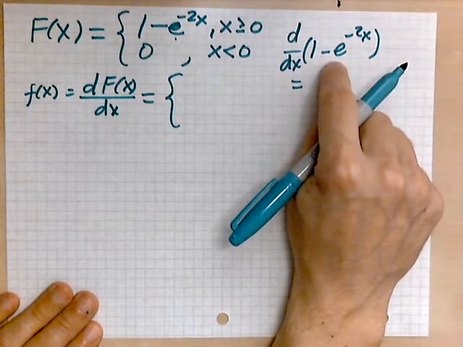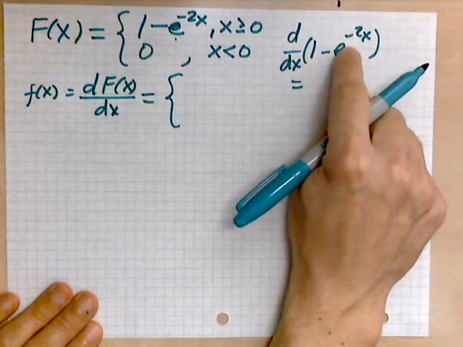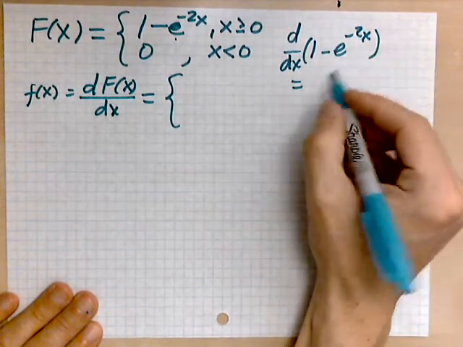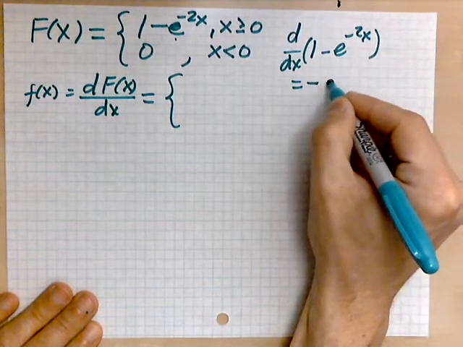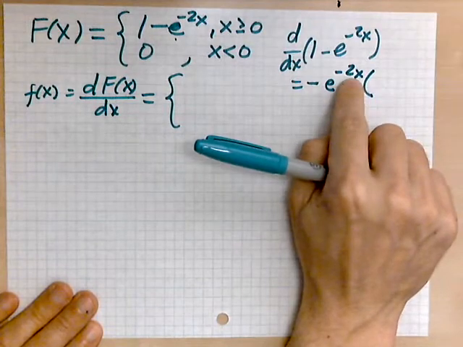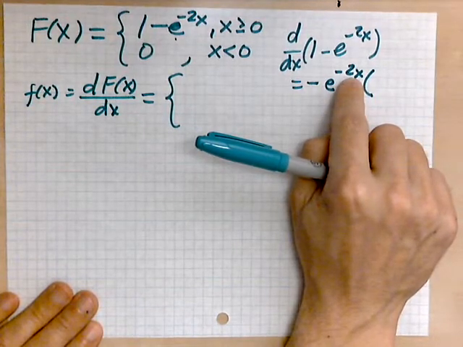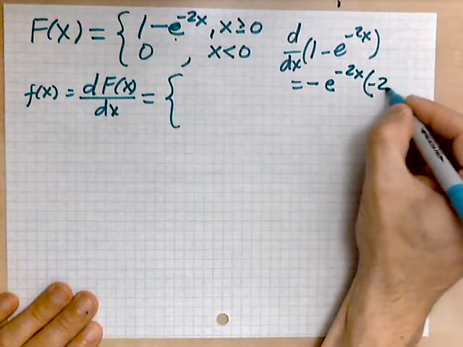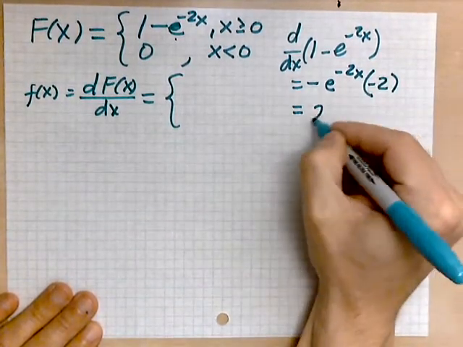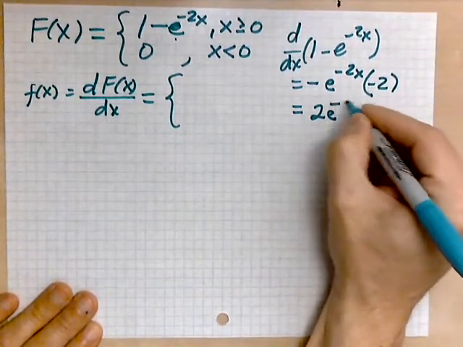And then the derivative of negative e to the negative 2x is, by the chain rule, negative e to the negative 2x times the derivative of the term in the exponent. So that's just negative 2. So what we have now is 2e to the negative 2x.